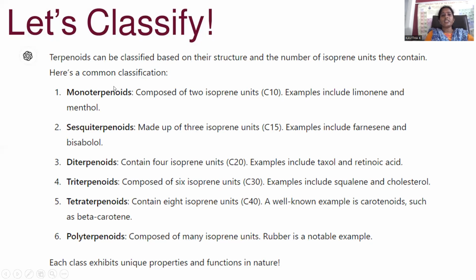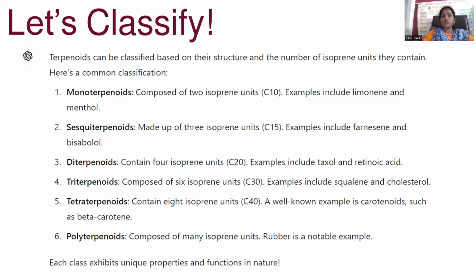Terpenoids can be classified based on the structure and the number of isoprene units, right? Classification is purely based on the isoprene units which bind together to make terpenoids. Monoterpenoids we will go with first, composed of two isoprene units. When two isoprene units join, we say that is a monoterpenoid.